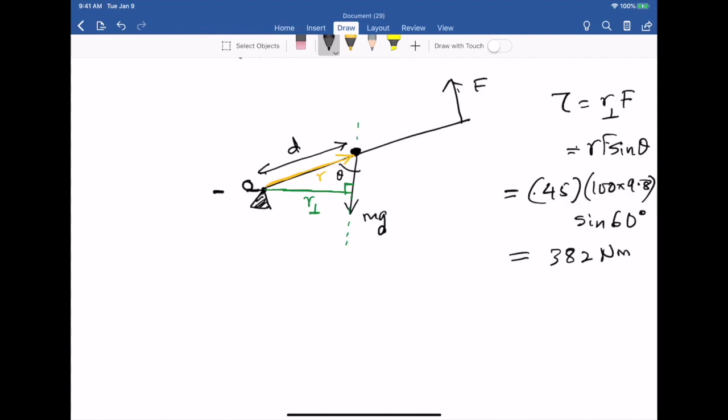What about the torque exerted by F? So let's run through the same steps. So the first thing that you want to do is identify the force and the reference point. Those are really clear. Next thing is you want to try R perpendicular times F. So let's draw the R perpendicular.